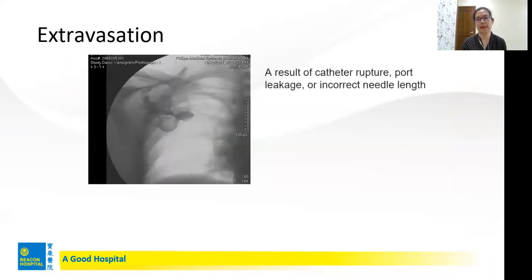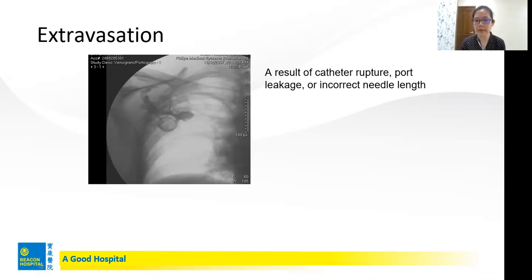So always remember, extravasation could be a result of catheter rupture or port leakage. The port leakage might also be because you did not use a proper needle, such as a non-coring needle. In section 1, I already highlighted how important a non-coring needle is, so that you can preserve the condition of the septum of your port.